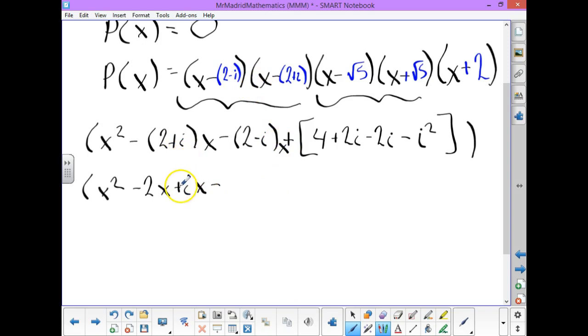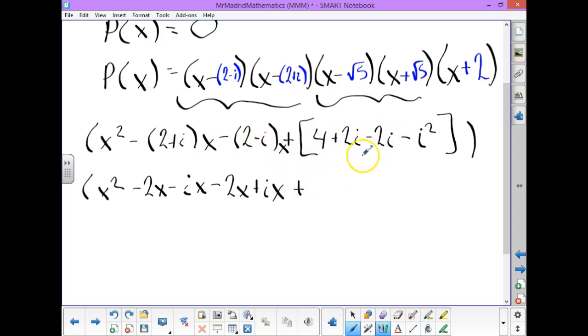So let's continue. This distributes negative 2x. This distributes, that should be a minus ix. And this portion here is a minus 2x. This is a plus ix. So far we've covered up to there.